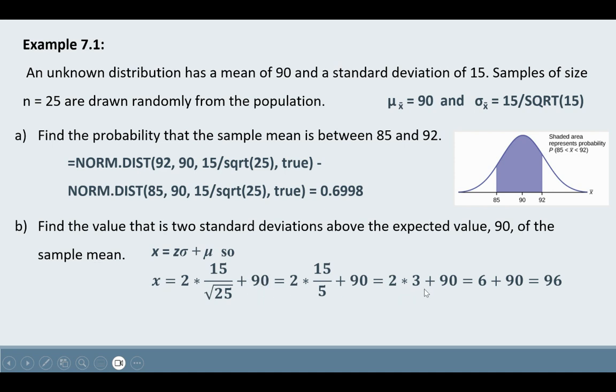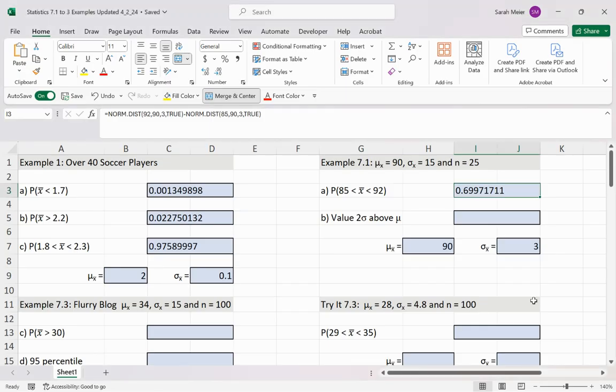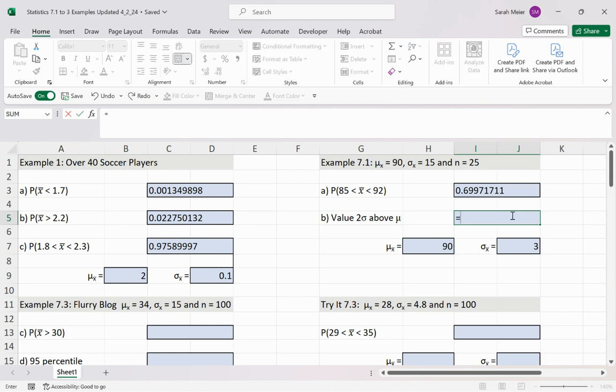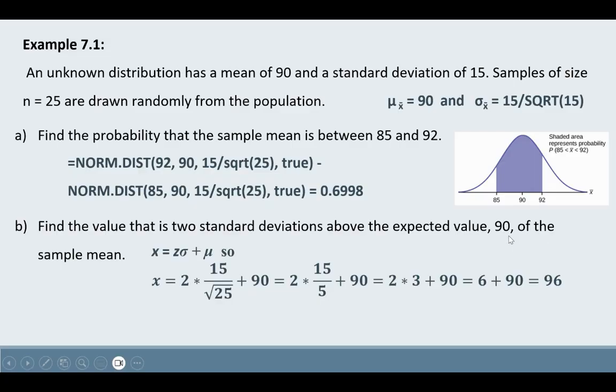And so we get 2 times 3 plus 90, or 96. We did this in chapter 6, but just to show you, you could do 2 times our standard deviation plus our new mean, and we get 96. So if we had a sample mean of 96, that would be 2 standard deviations above the expected value of our sampling distribution.